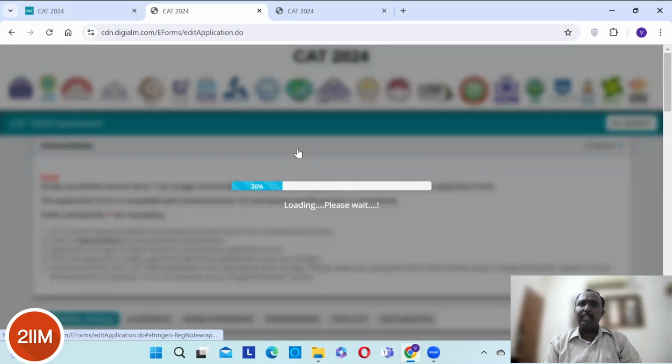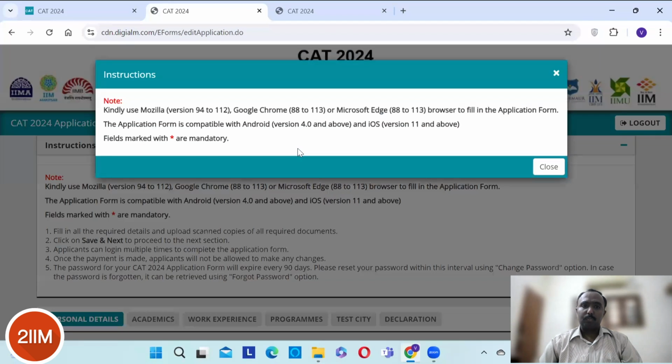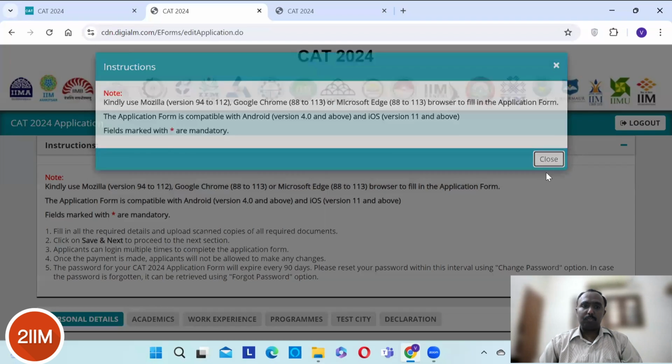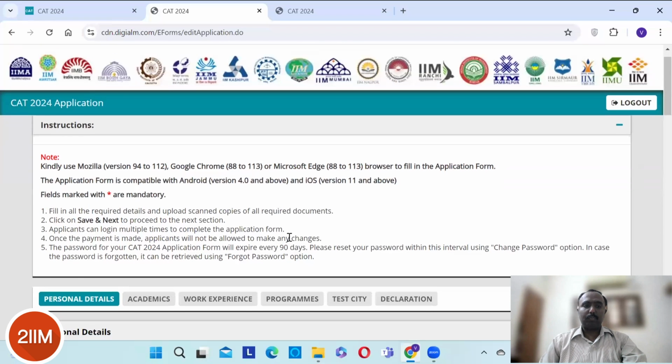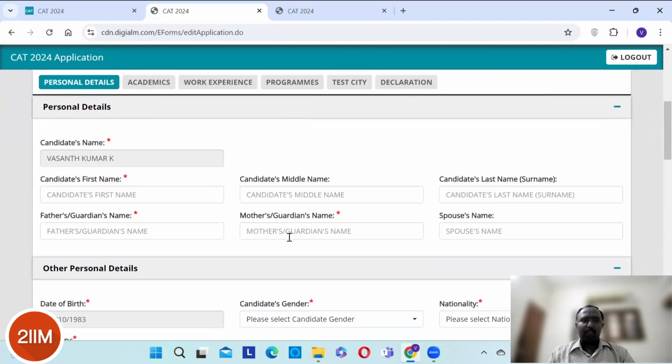Where we have to be extremely careful is on a lot of aspects, especially on the reservation side. Whether you have a caste reservation or whether you have a physical disability reservation, that part we need to be very, very careful about. So the first and foremost is going to be the personal details.